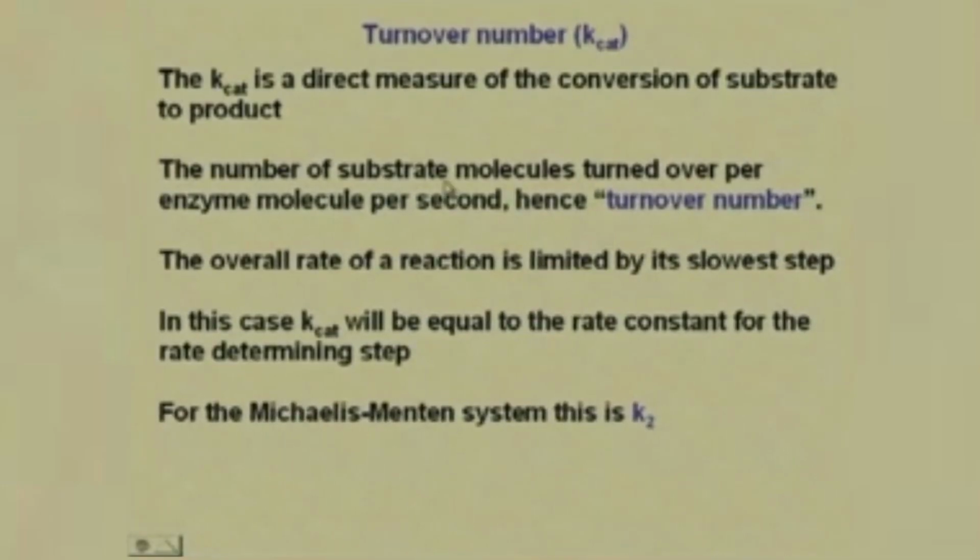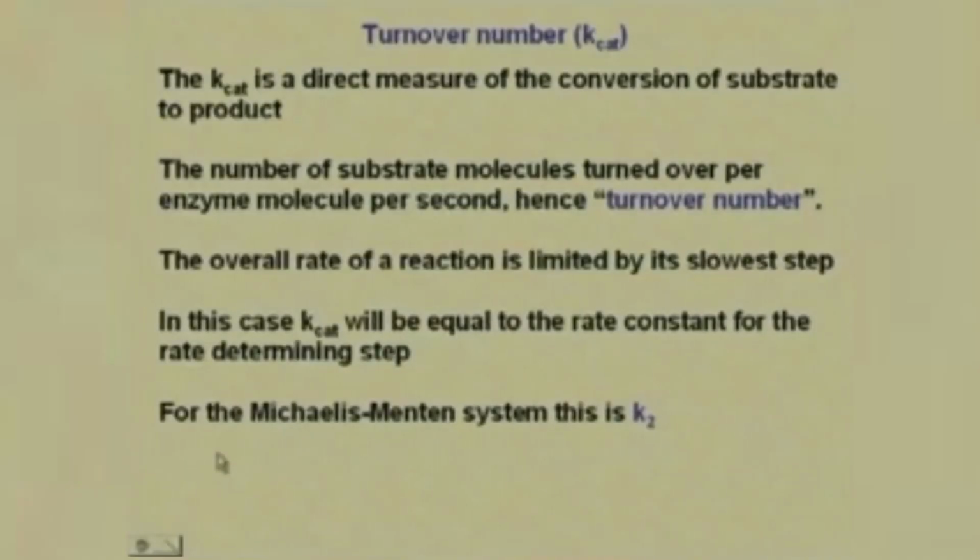Like, how many substrate molecules can be turned over into product, because nothing is happening to the enzyme molecule. It is a catalyst. So what is it doing? It is transforming the substrate to the product. So there has to be a measure of its efficiency. The measure of its efficiency is going to come by this Kcat value.